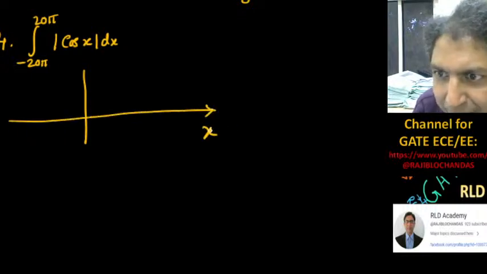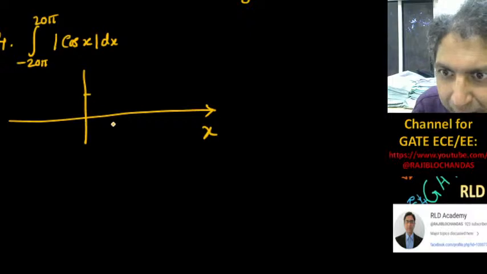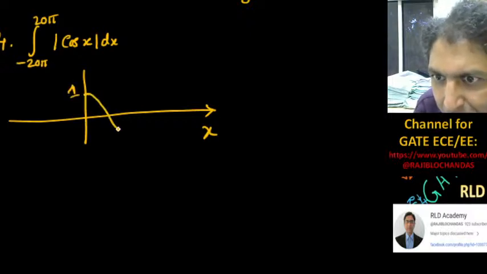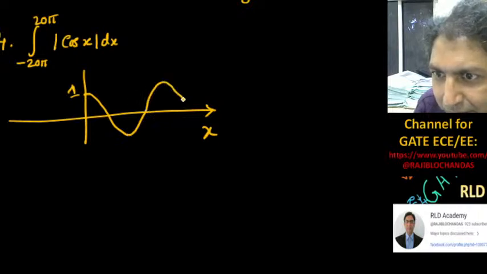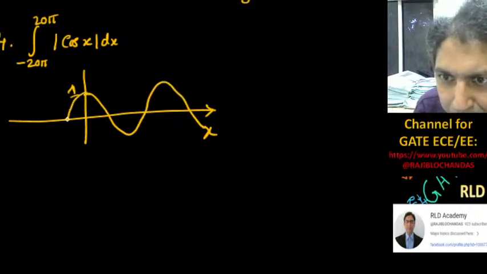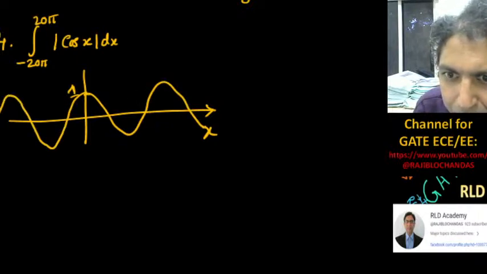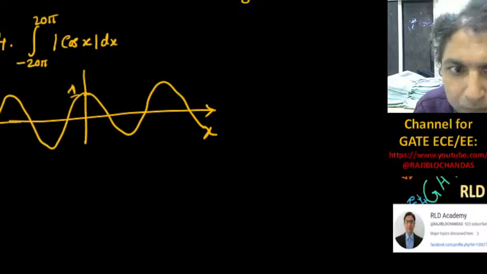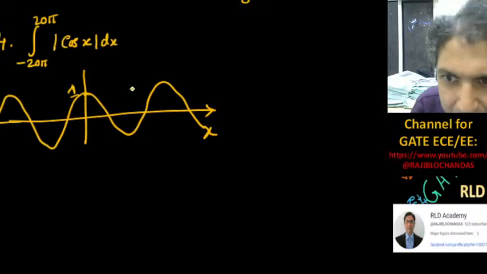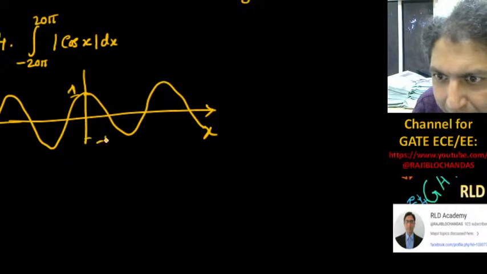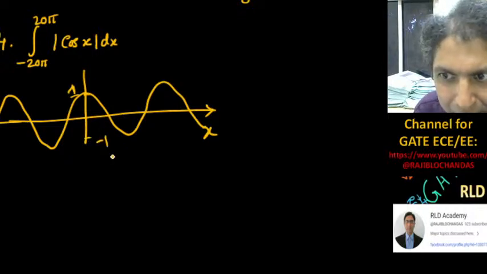If this is x, so cos x, it will start from 1 with x equals to 0. It's like this. Okay, this is your plus 1 and minus 1, right?